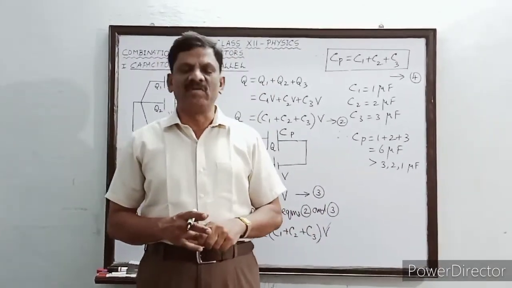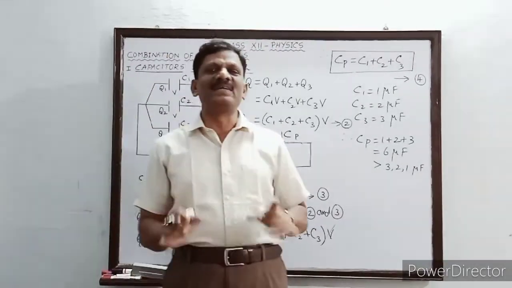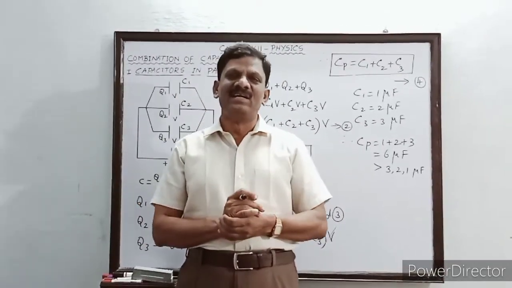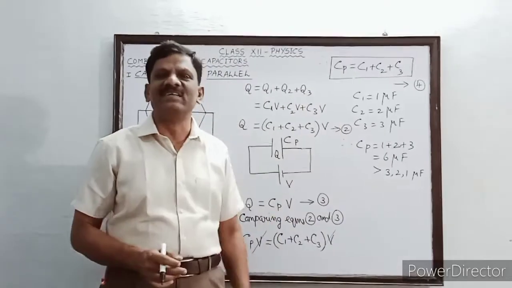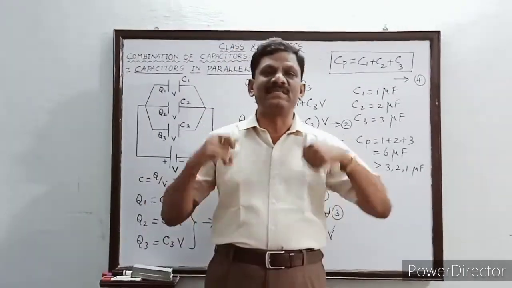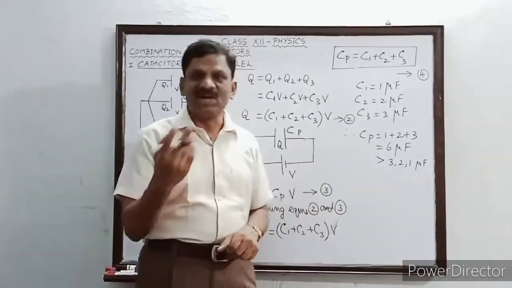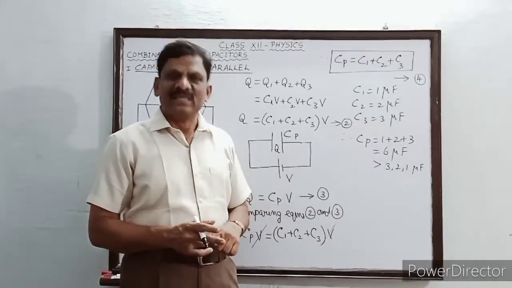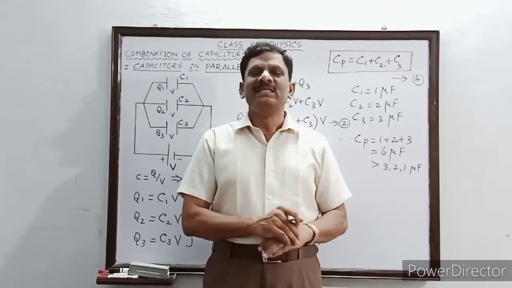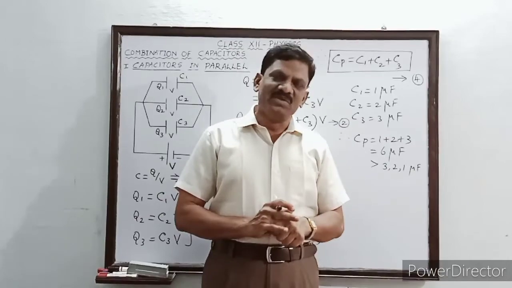Also, in series combination of capacitors, the effective capacitance is less than the least of the given combination. Now coming to the parallel combination, the effective capacitance is directly equal to the sum of the individual capacitances. As a consequence, we have proved that the effective capacitance Cp in parallel is greater than the greatest of the given individual values.